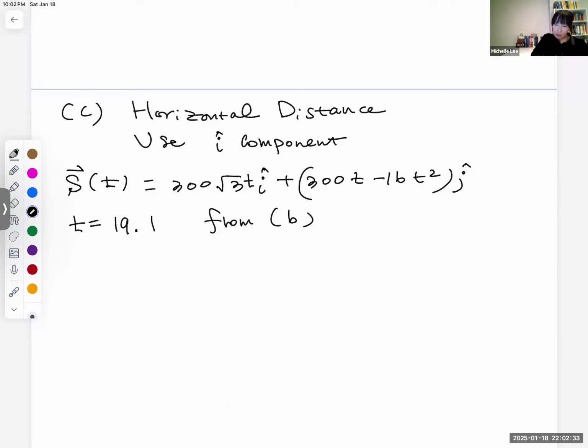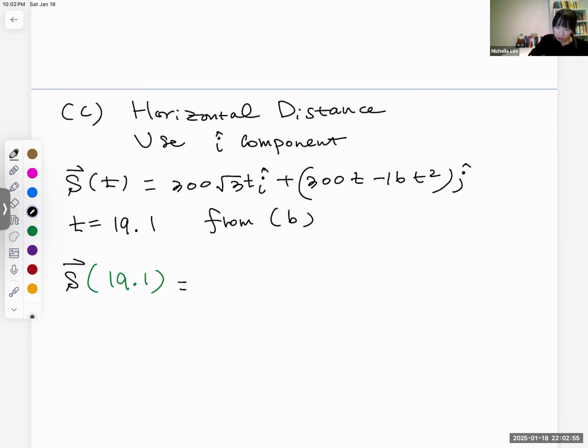Okay, then we want to know only the i component. So S of 19.1, times, right? What's the vertical? I'm sorry, I keep saying the word vertical. Horizontal, right?